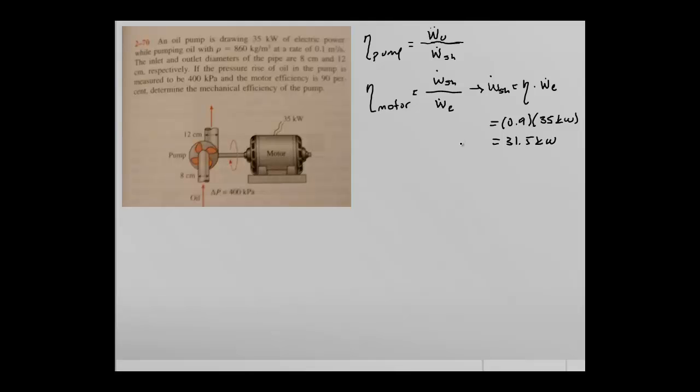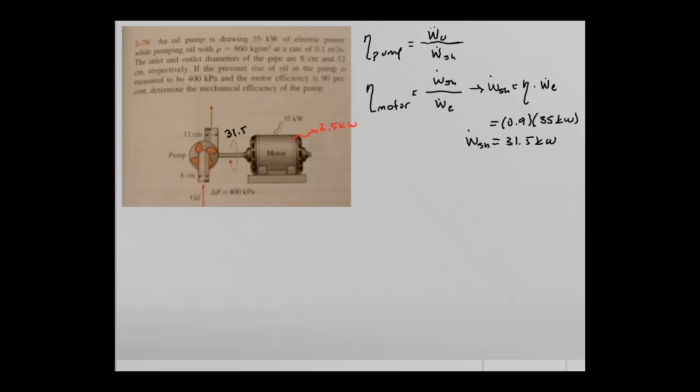This is the shaft power. What this means is that in the shaft we have 31.5, and the remaining 3.5 kilowatts are just transferred as heat. It's part of the inefficiencies.